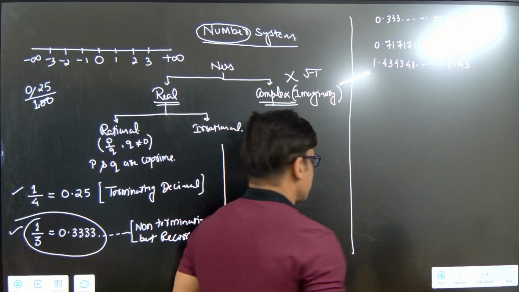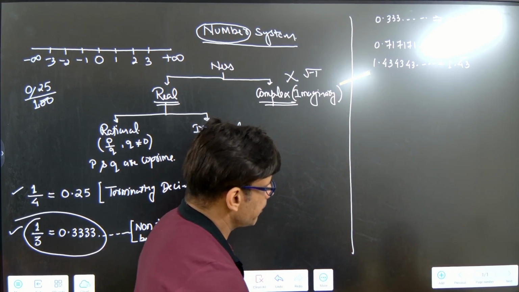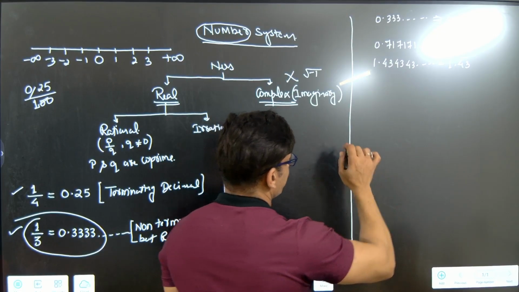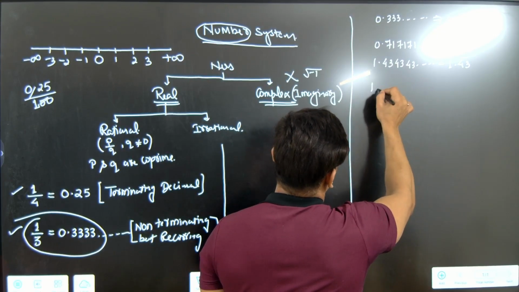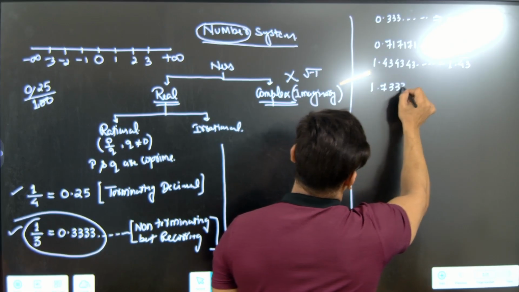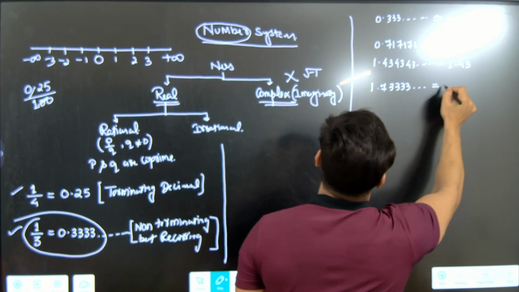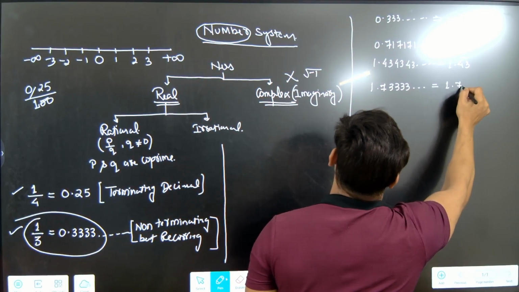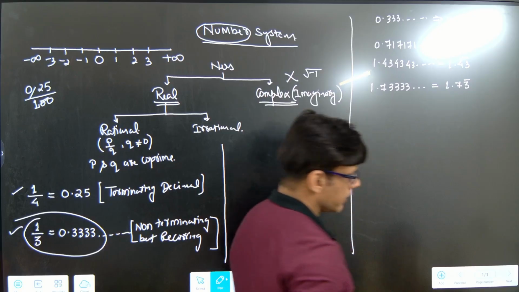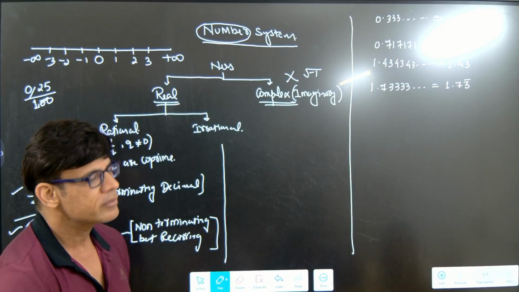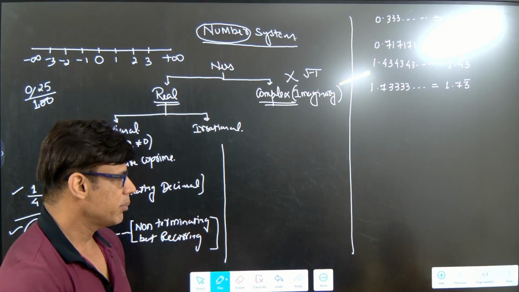How to convert these numbers into the form of p by q? Let me write down one more number, 1.73333. It's 1.73 bar, with the bar over only the 3, because 7 is not repeating. It lies after the decimal, but it's not repeating.